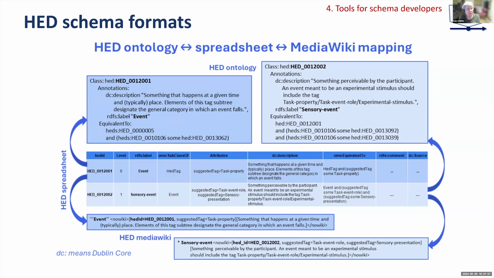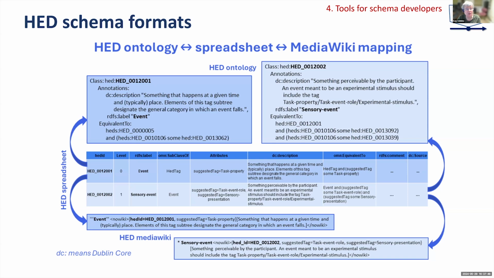Now, the table above, the spreadsheet format, it turns out, understandably, that now that we have all these schema browsers and stuff, people find it easier to develop schemas with spreadsheets. And simply, there's a template spreadsheet, and basically what you have to do is under the label, which is the third column, you specify the name of the tag you want to add, and the next column you say what it's a child of, and the other thing you need to say is its description.